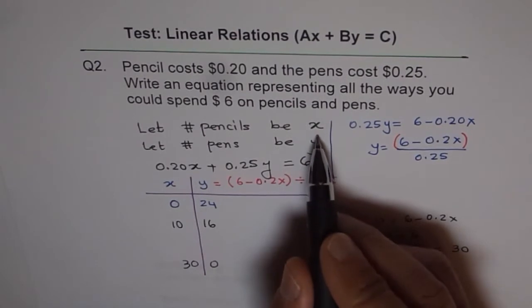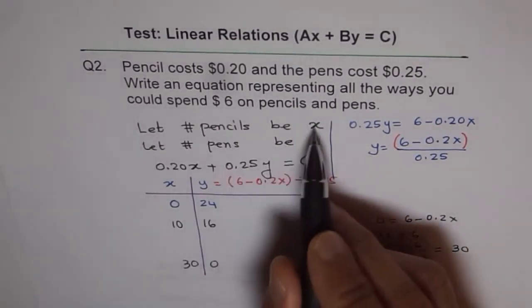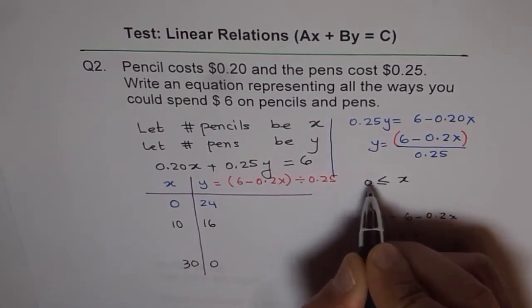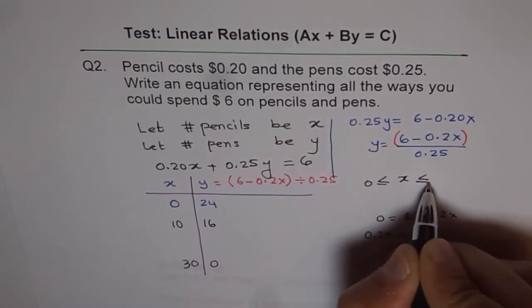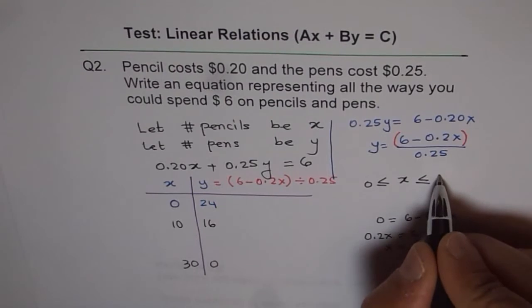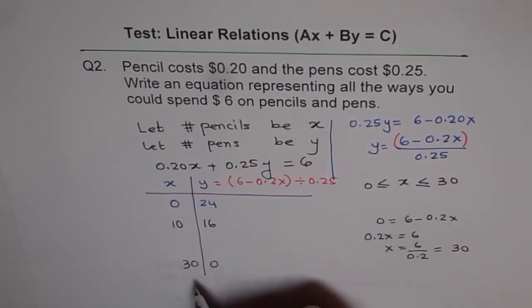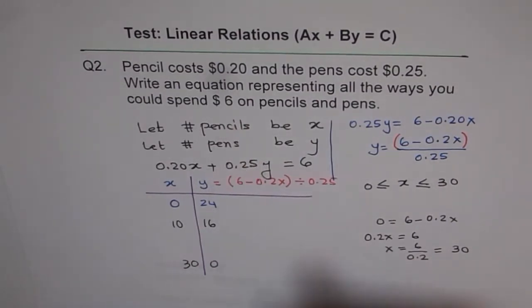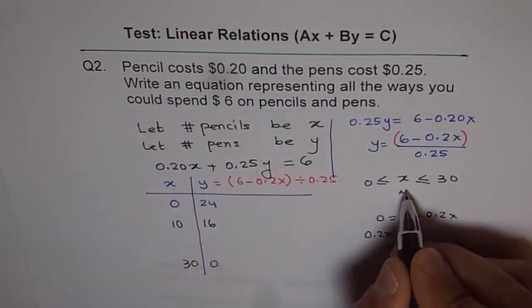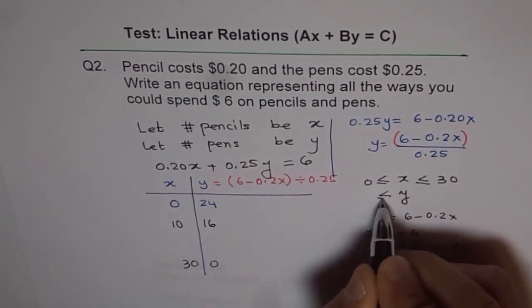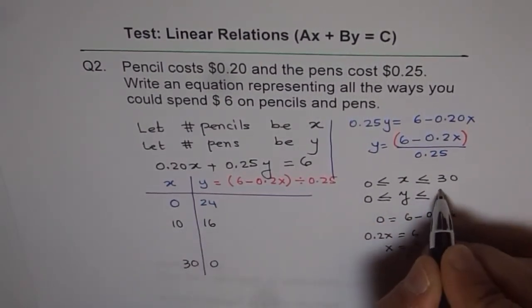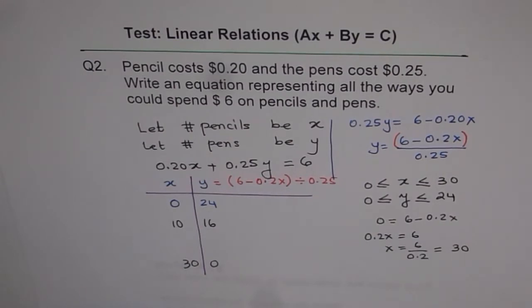So we can say here that x, which is the number of pencils, can be greater than or equal to 0, but it should be less than or equal to 30, right? We cannot buy more than 30 pencils for $6. Similarly, pens, which are y, should be greater than or equal to 0, but less than or equal to 24. This is important.